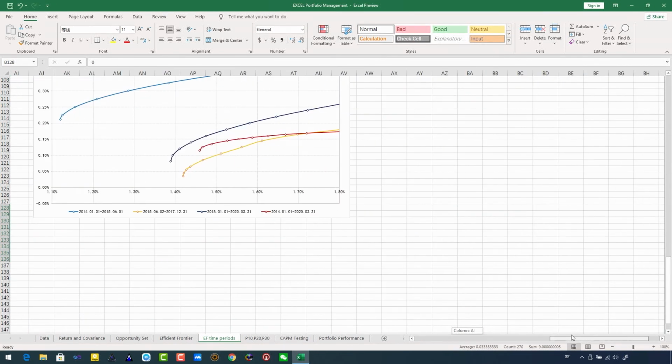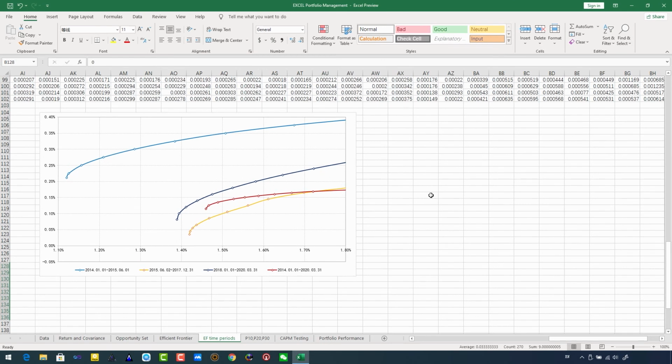Because it is time consuming, I don't have the time to do it one by one. I just show you how you can do it. You can use the data and do it by yourself, and you can download all the data and have a look at how to do that. And you can have a look, I have already drawn the graph here. So that's the efficient frontier for different time periods.